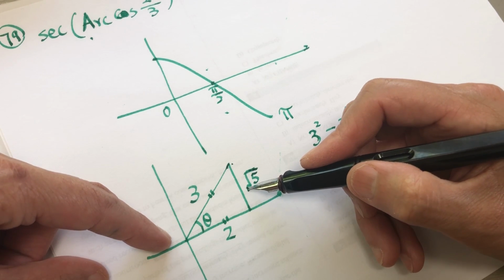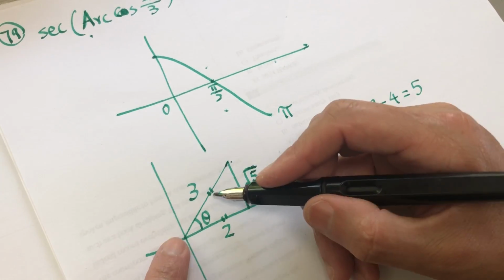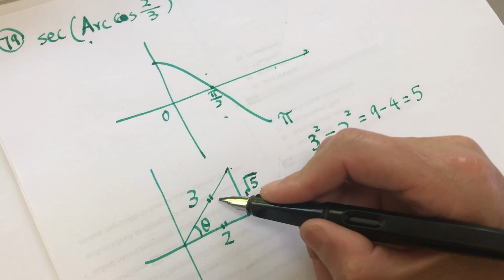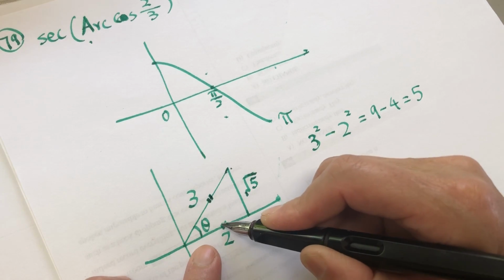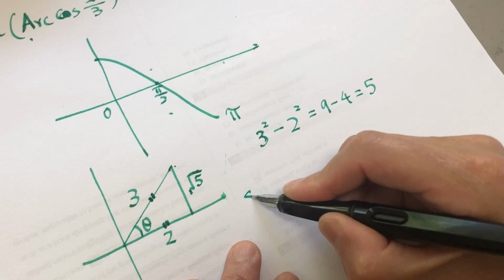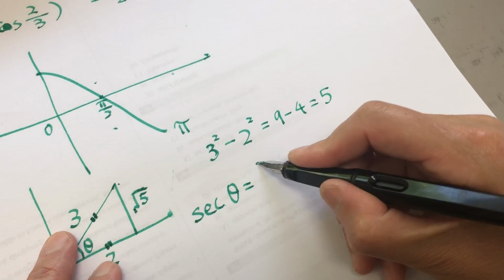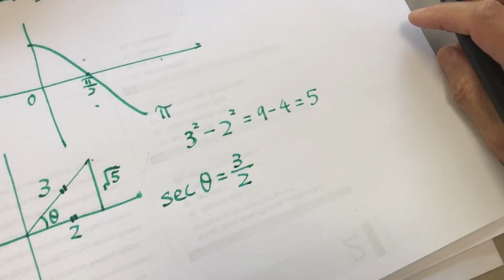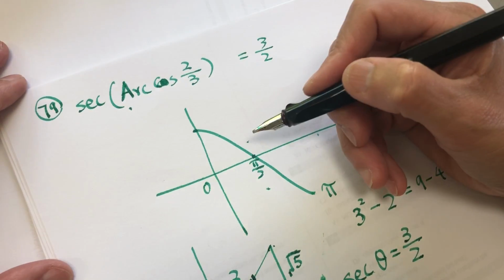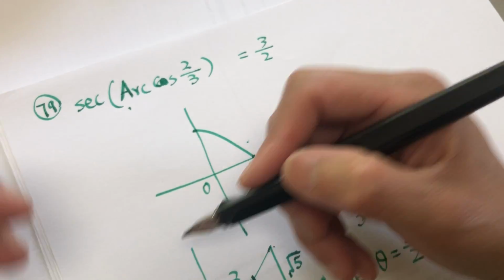We actually do not need it, because secant is the reciprocal of cosine, right? So it's hypotenuse over adjacent. So secant theta equals 3/2, just like this. They are making a long tour and just coming back to show us how unsmart we are.